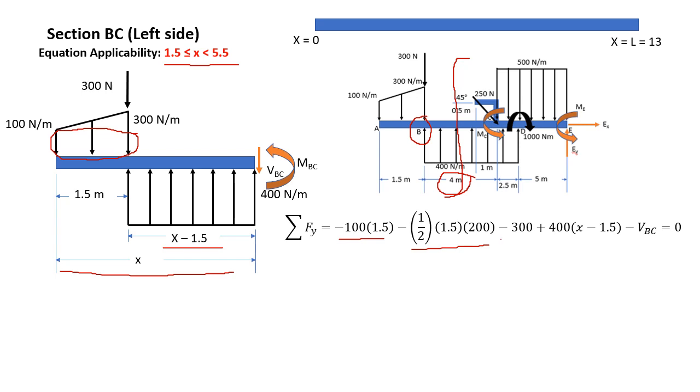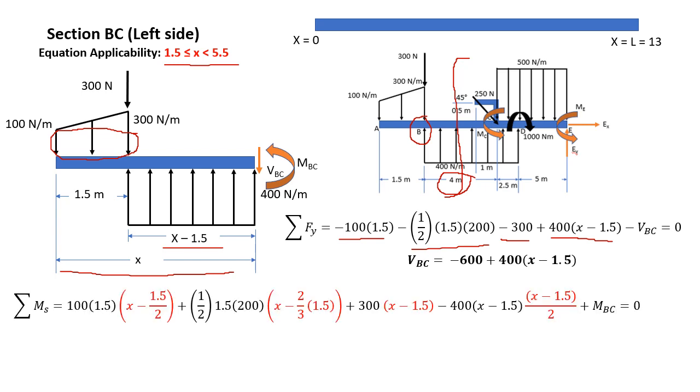And then this negative 300 here is for the concentrated load. And then our uniformly distributed load, you don't have to use similar triangles there because it's constant. It's just 400 times x minus 1.5, the area of the rectangle. And then don't forget your VBC. So simplifying the equation, you have VBC is equal to negative 600 plus 400 times x minus 1.5.